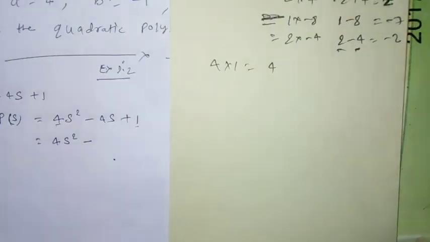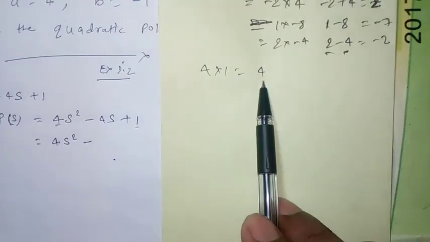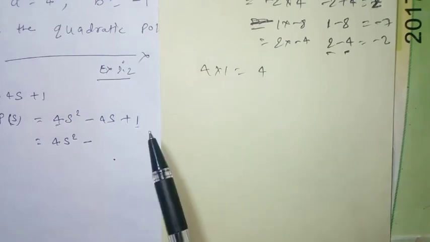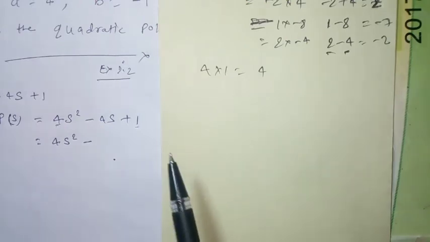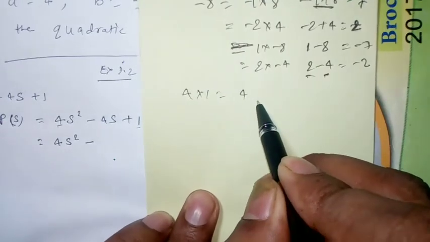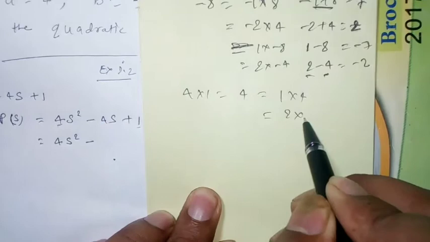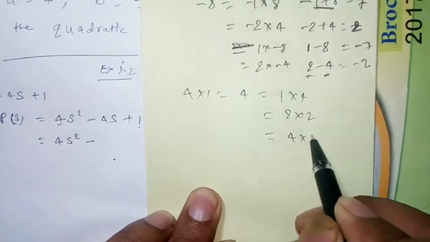Okay, we factorize 4, in which the sum is 4. Now I can factorize this: 4 is equal to 1 into 4, 2 into 2, 4 into 1.